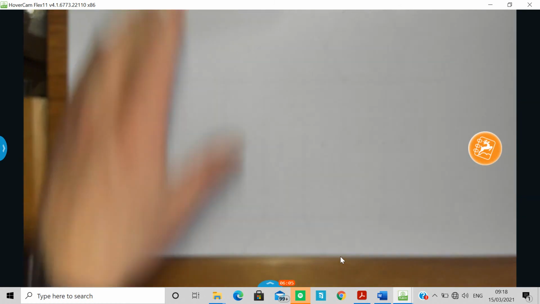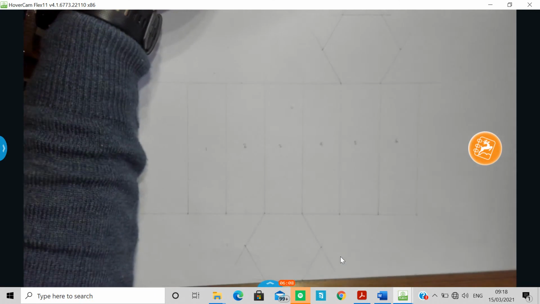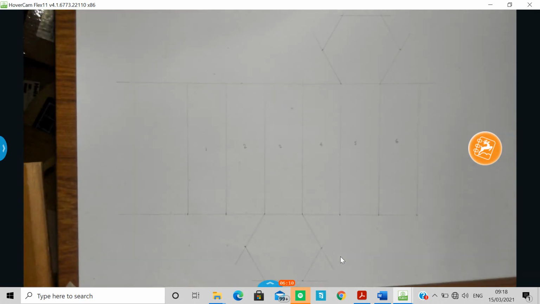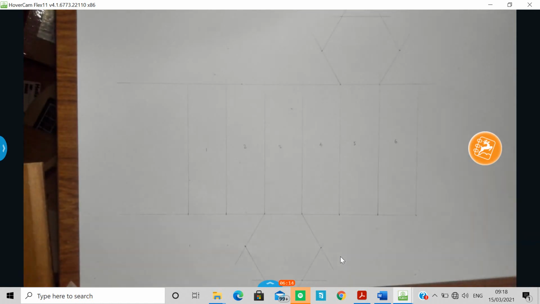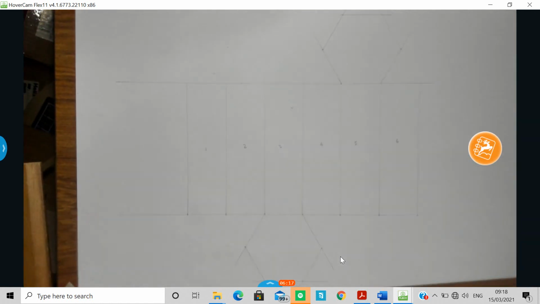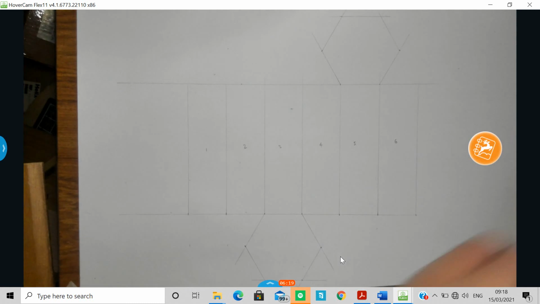Okay, so there is my development done. I'm just going to go over the lines heavy and put in my fold lines as well.